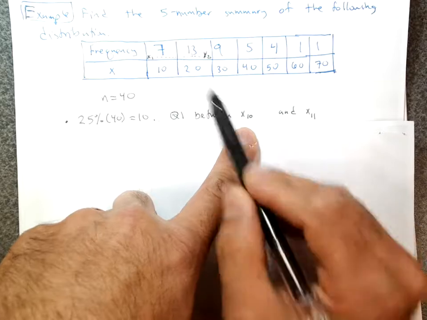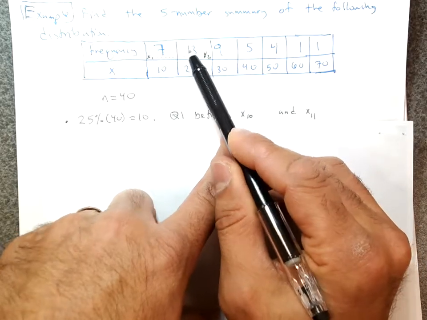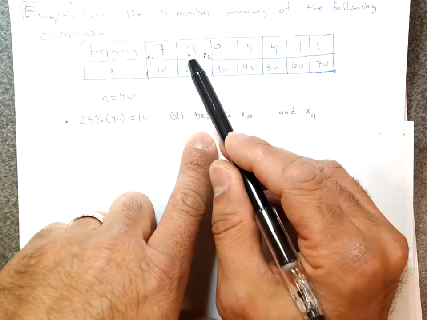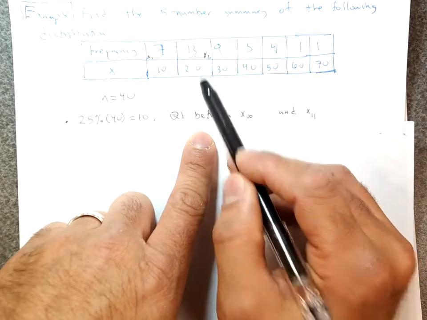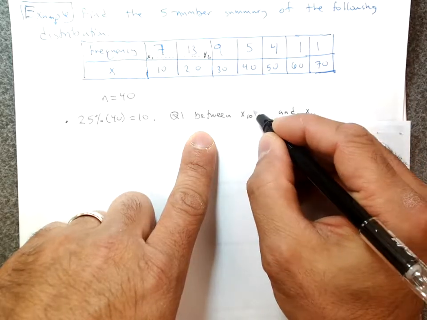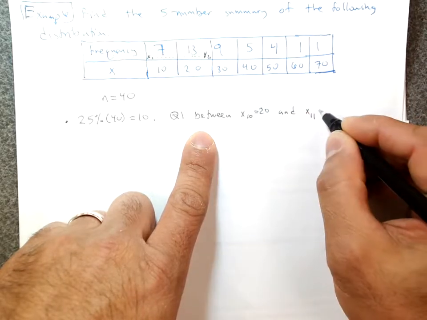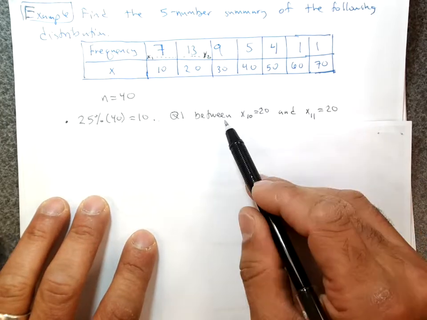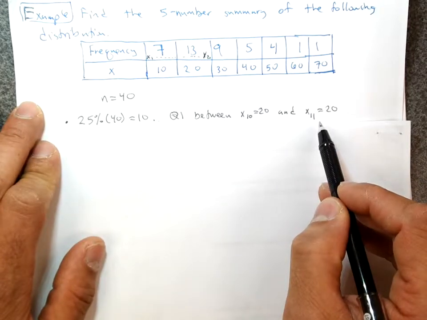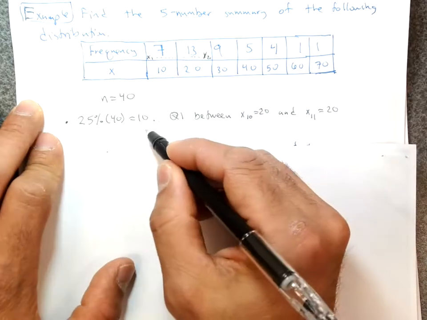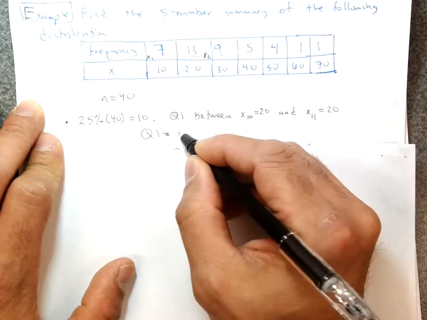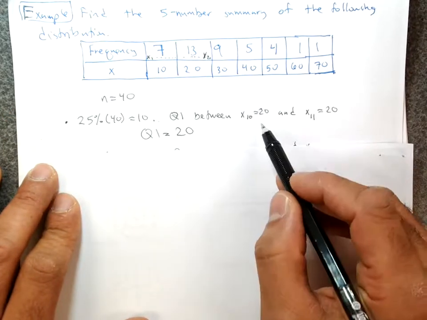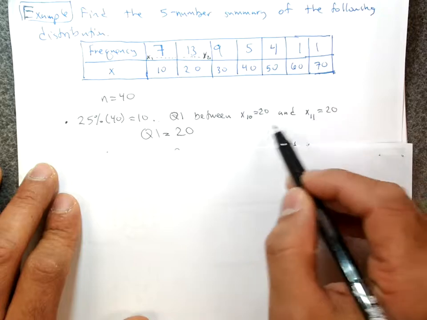So x10 and x11 are both here, and both have a value of 20 because they're both in this part of the table. Since both values are the same, the halfway point is the same value as well. So Q1 is equal to 20, since the only value in between them is 20 itself.